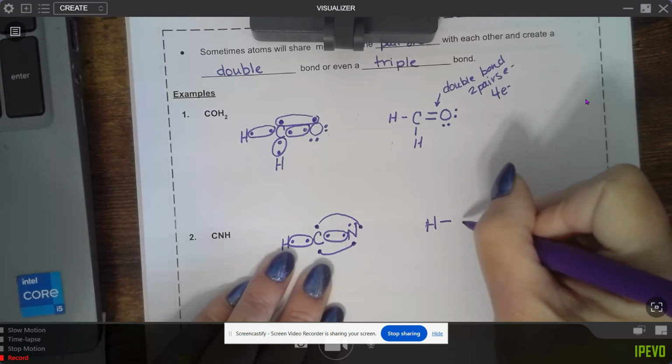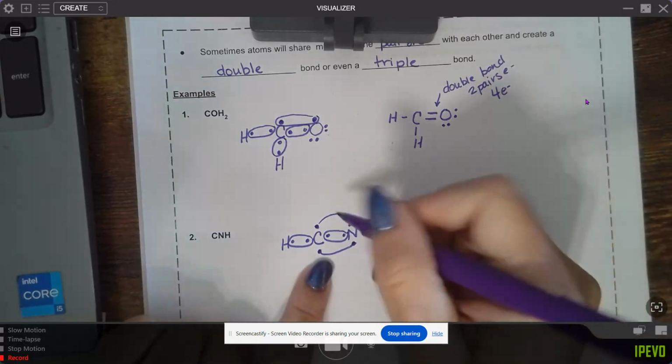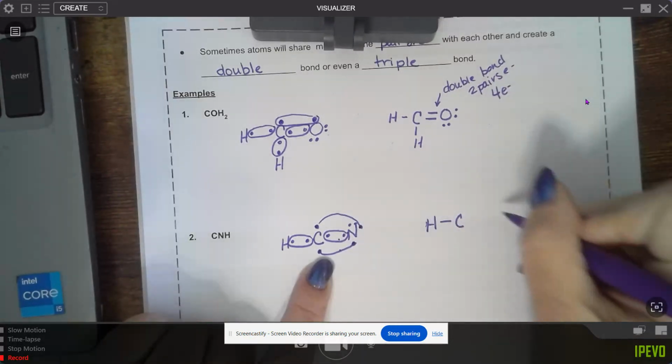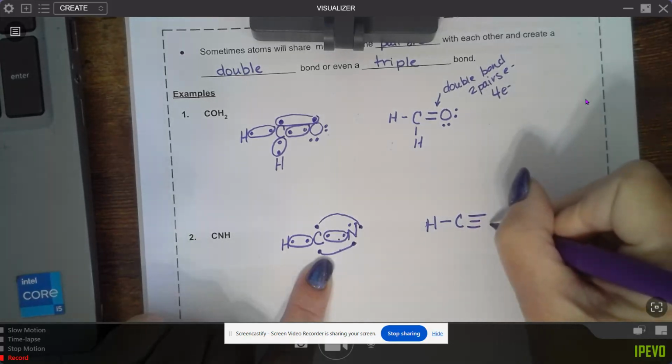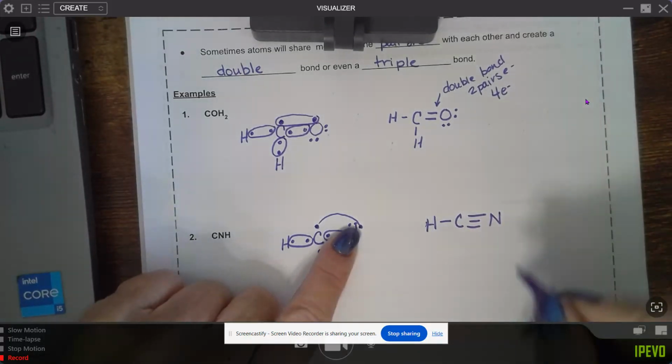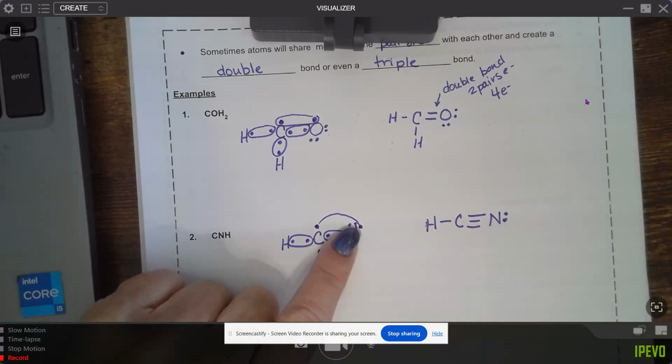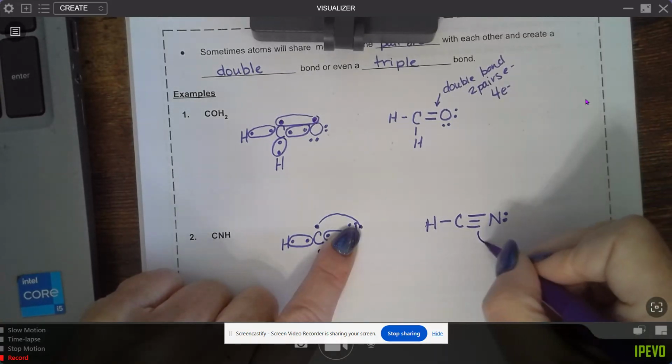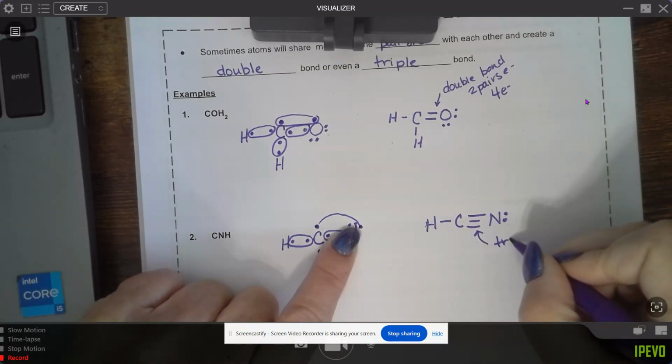All right, so we've got a bond between the hydrogen and carbon, and then we have 1, 2, 3 bonds between the carbon and the nitrogen, and then don't forget we have a lone pair of electrons on the nitrogen. Okay, so this is called a triple bond.